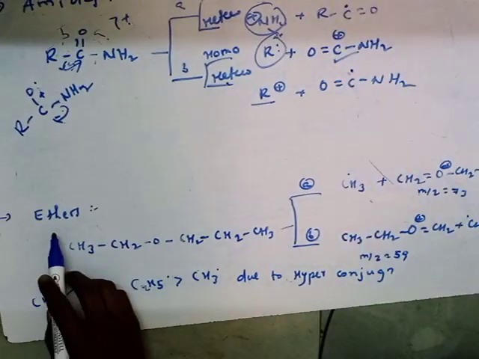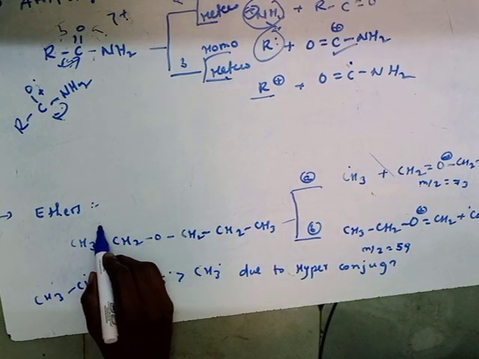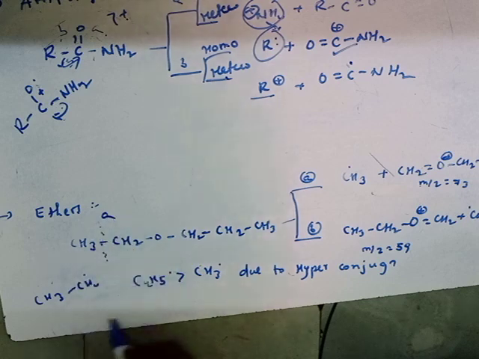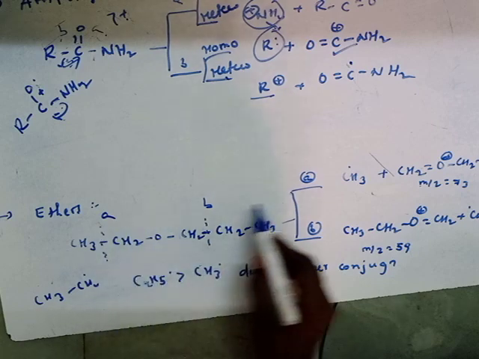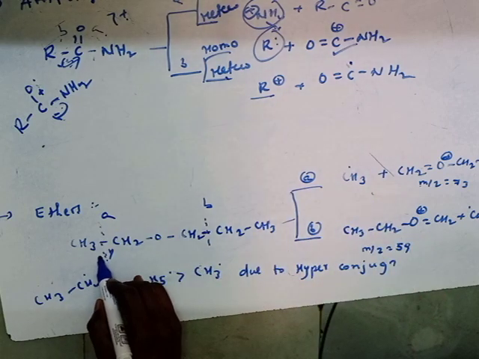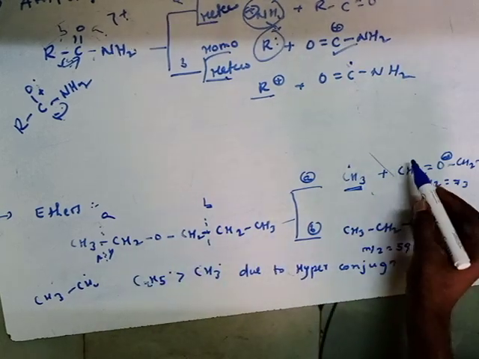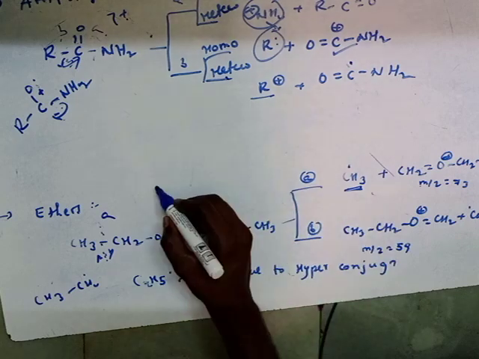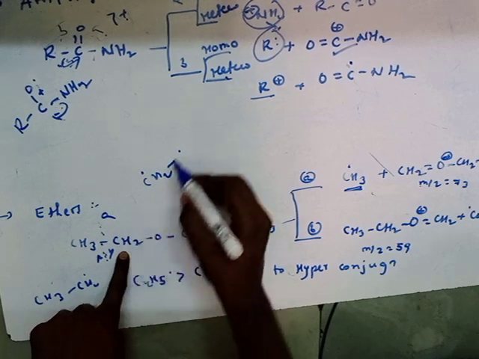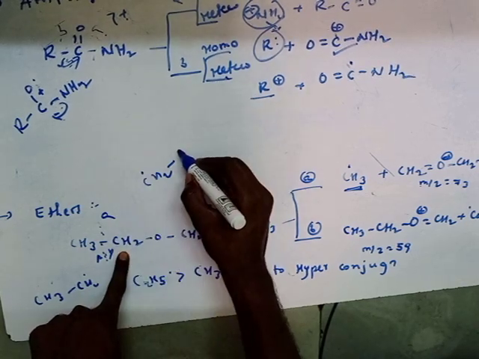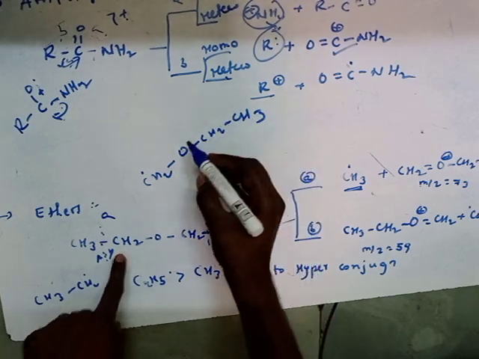Now we are discussing an unsymmetrical ester. It will undergo both types of cleavage. This is A-type. Here this is B-type, right? If it undergoes A-type, that means homolytic cleavage, a CH3 radical will be formed, and here CH2 single bond, radical dot oxygen CH2 and CH3.